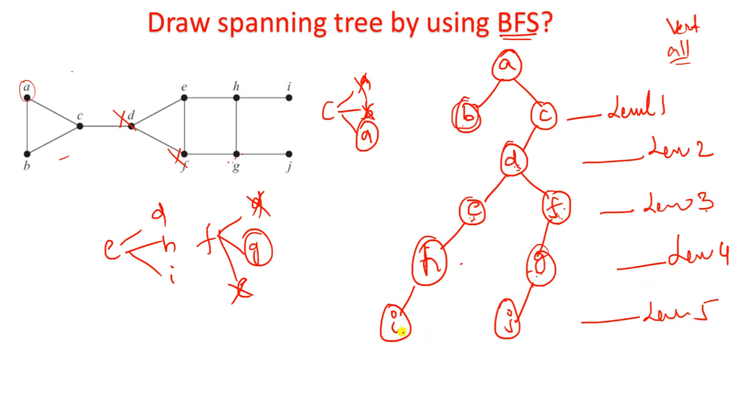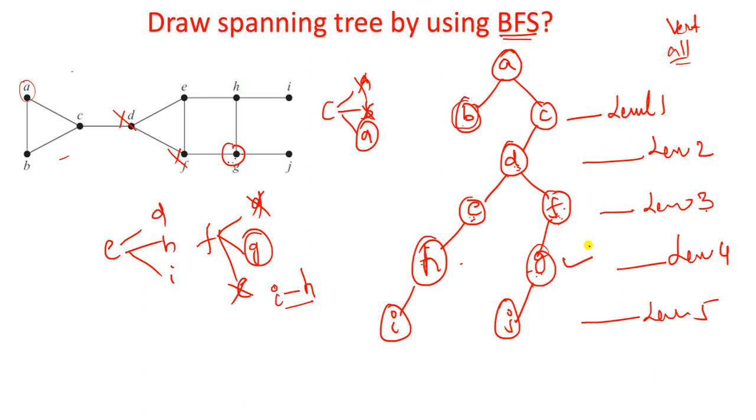And the next level, what is your new element? I. Now explore I. I is incident with H only, and H is already visited. Come to the next, J. J has only an incident with G, but G is already visited, right?